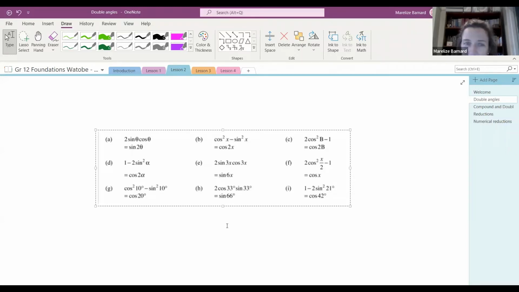F, cos of x. G, cos of 20. And then H is sine of 66, and I is cos of 42. Okay, remember when you go 2 times 21, simplify it, make it 42.